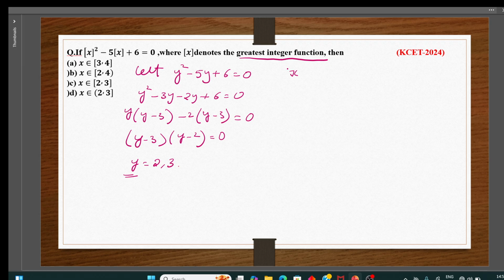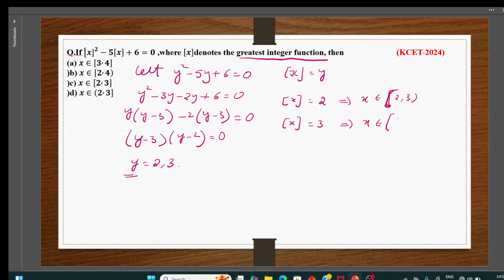Here y is nothing but the greatest integer of x. So the greatest integer of x is 2, which means x belongs to the interval [2, 3). In yesterday's class only we discussed the greatest integer function values. The greatest integer of x is 3 means x belongs to the interval [3, 4).